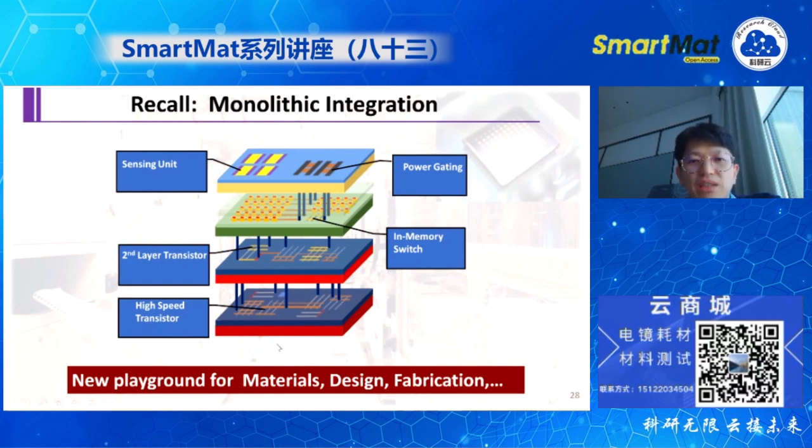Therefore, you get the benefits of high-speed silicon CMOS, and you can combine it with upper-level transistors like 2D materials, which aim at low power consumption. So when you need very high-speed calculation, you can go down to the silicon CMOS. When you only need very low-power computation, particularly in the case where you don't have enough battery power, you go back to the upper level and ask the 2D transistors to perform the calculation.